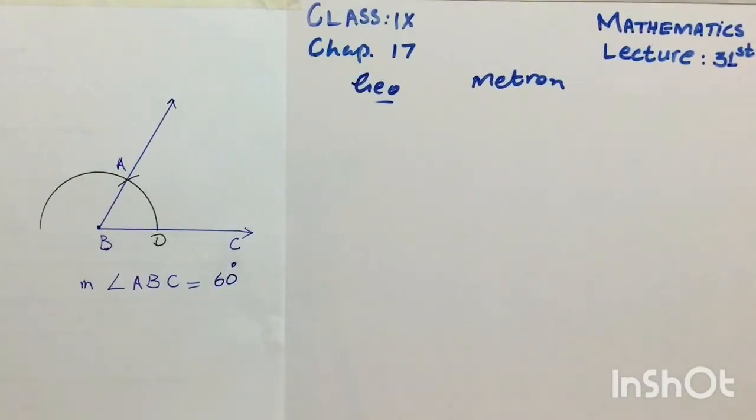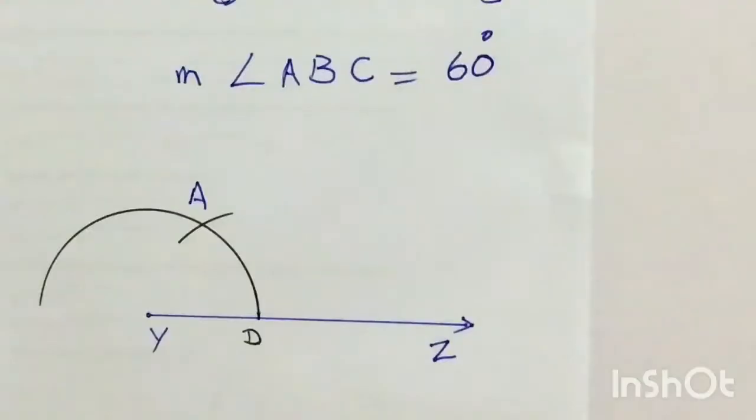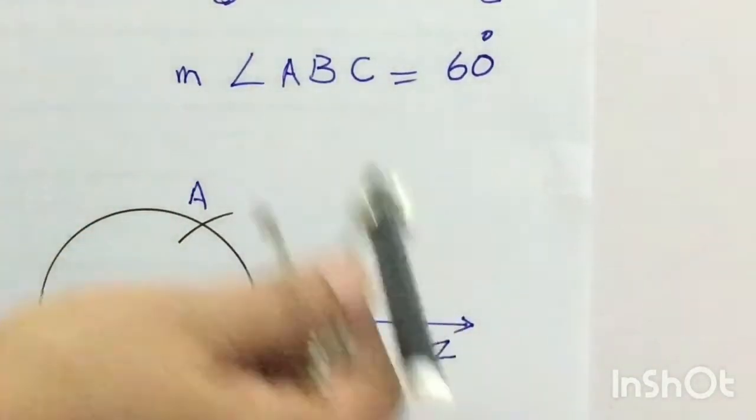Now we will construct another angle of 120 degrees. You can see I have already drawn another angle of 60 degrees, which is AYZ.